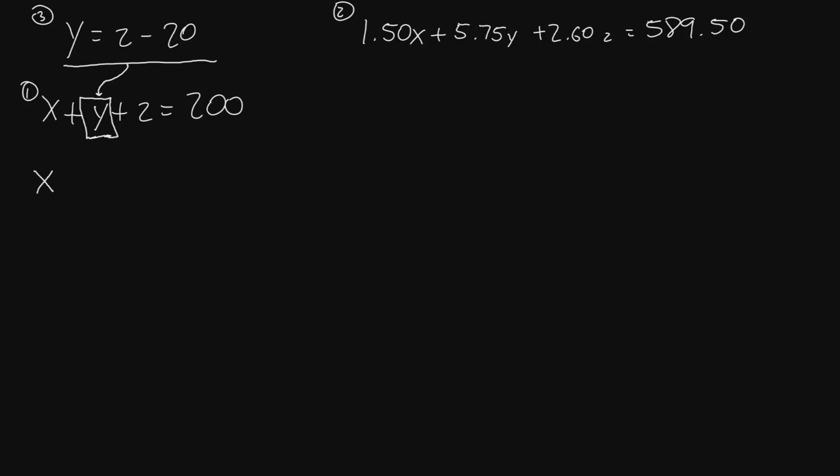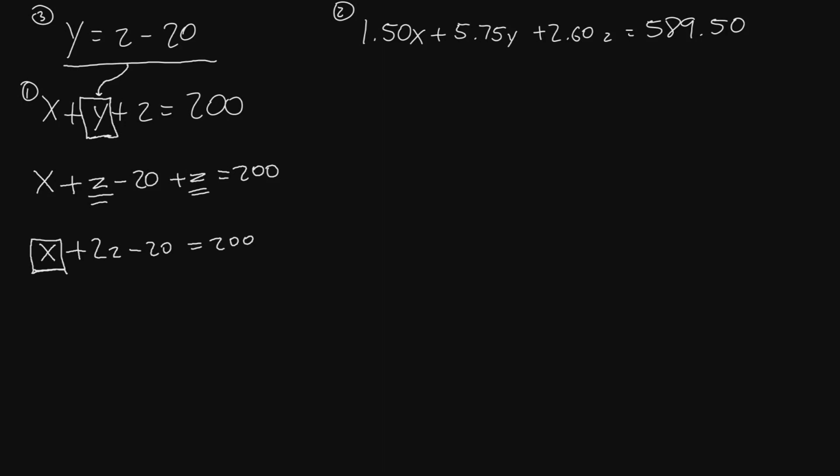This will give us X plus Z minus 20 plus Z equals 200. Let's simplify this down a little bit. Let's combine the like terms, the Z's. We'll have X plus 2Z minus 20 equals 200.